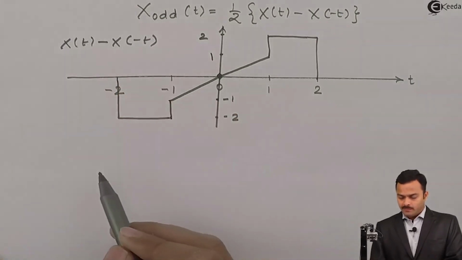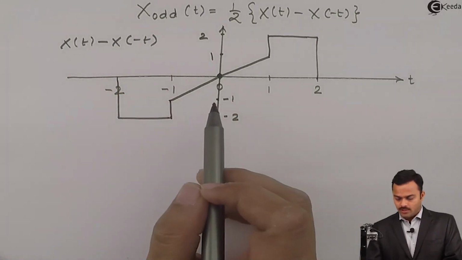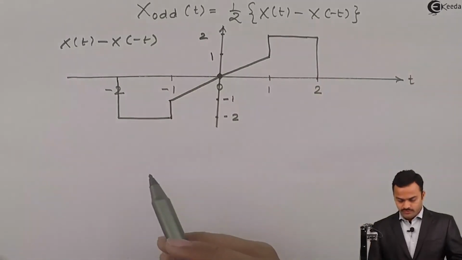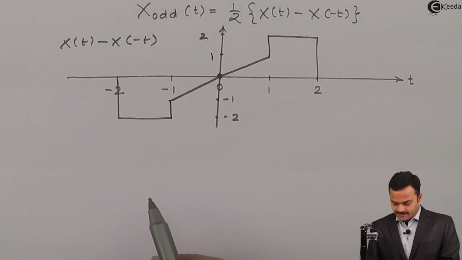This needs to be divided by 2 in order to get the odd part. So we do an amplitude scaling like this.